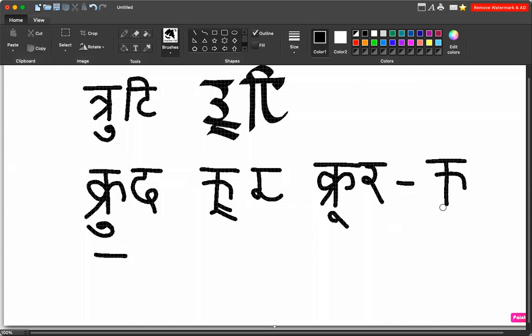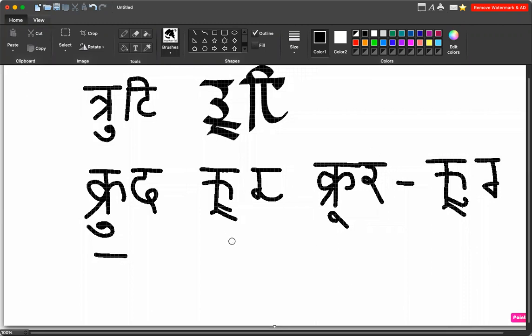This is your K. This is your R. This will remain the same. What will happen to U is it will be written here only with a small change. This line makes a curve here. This is the way we write in case the U is the Dirg U. This is your R. Right?